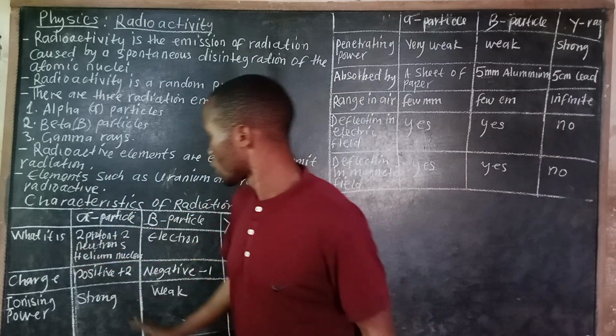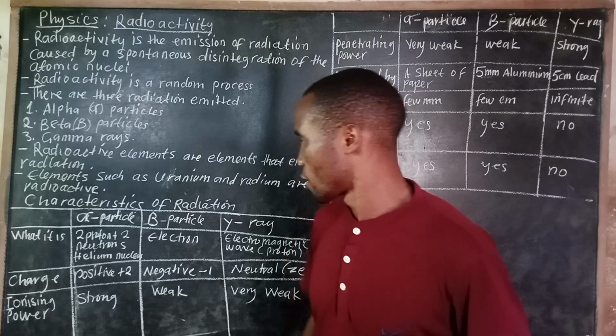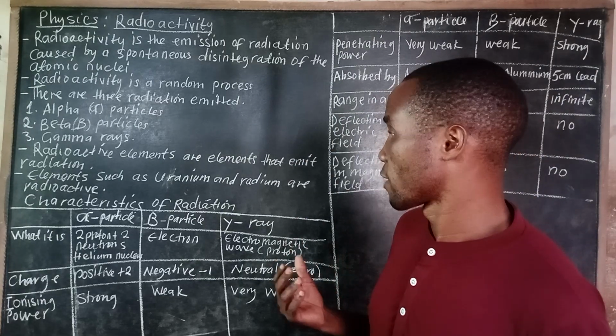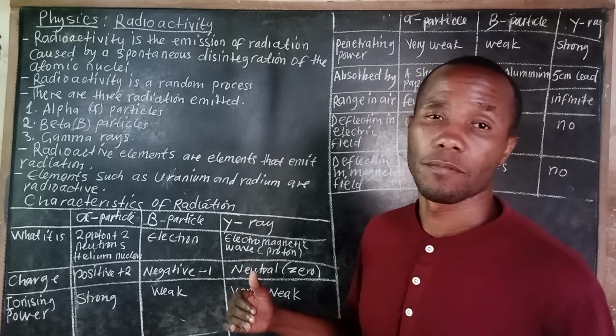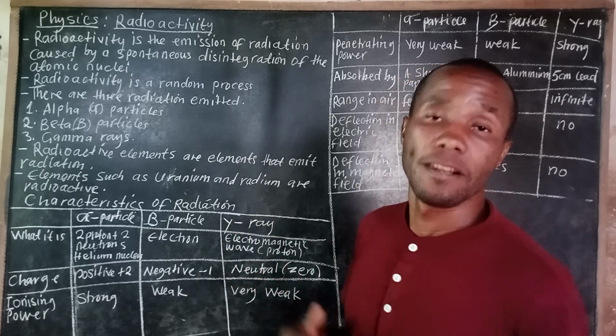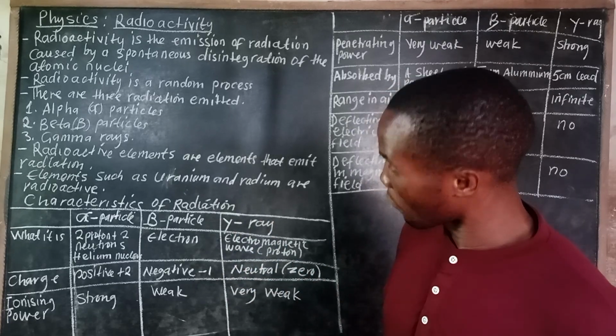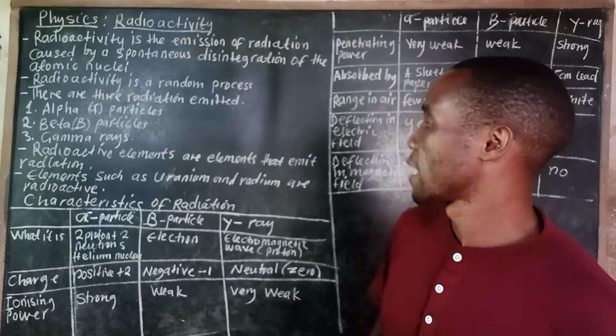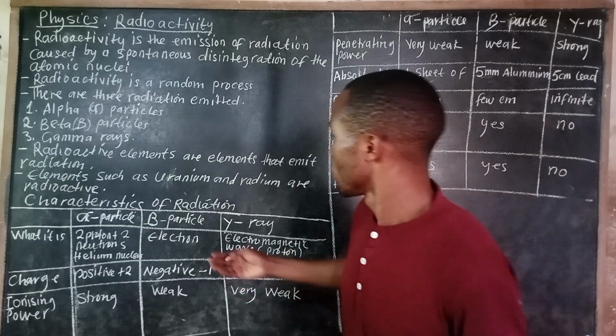We have two protons plus two neutrons. That is a helium nucleus. That is the alpha particle. We are giving an example of helium. Remember, helium is an element which is also found on the periodic table. It has two protons and two neutrons. That is the alpha particle.